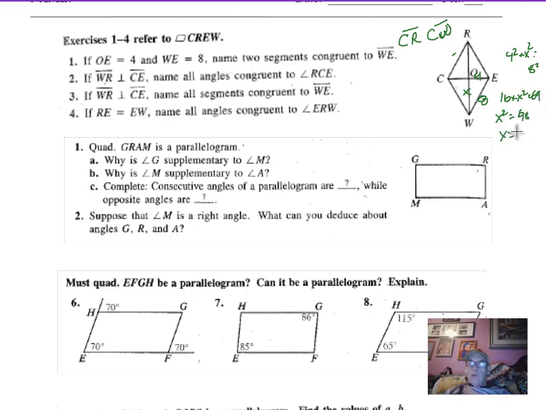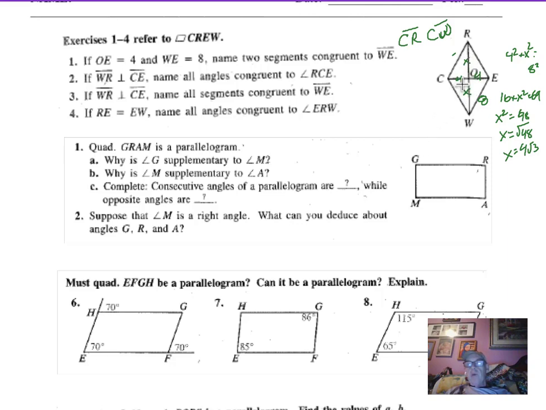And x is going to be the square root of 48. 16 times 3 makes 48. Square root of 16 is 4, so we have 4 root 3 for x. So this is 4 root 3. And since these bisect, this is also going to be 4 root 3. Since this is a parallelogram, these bisect each other. This is also going to be 4.